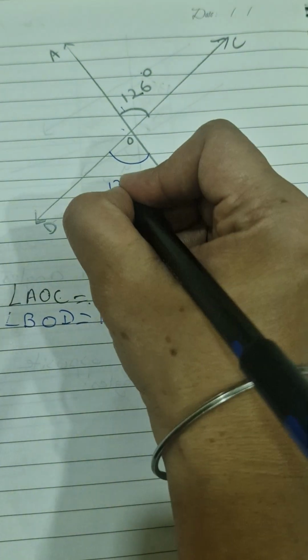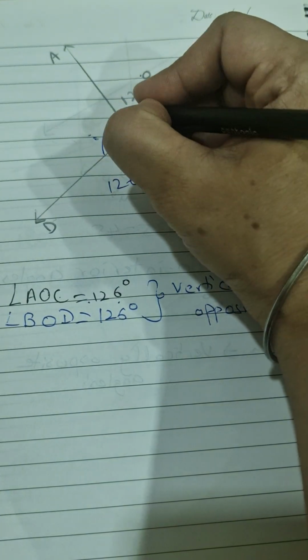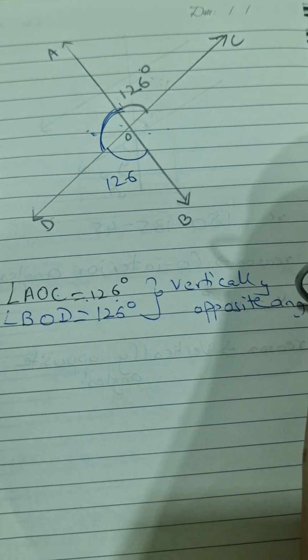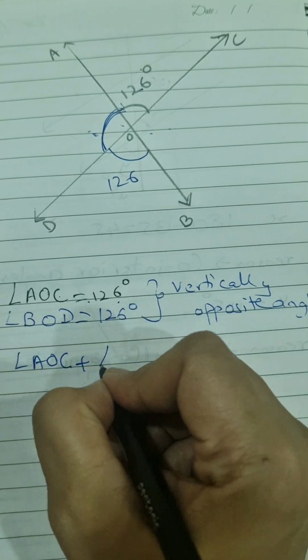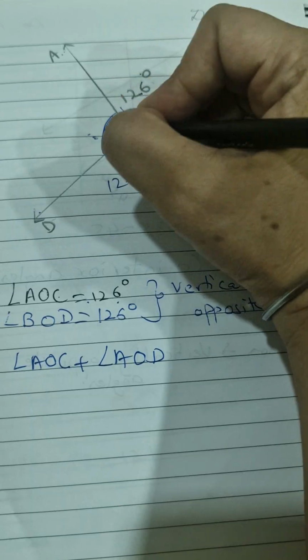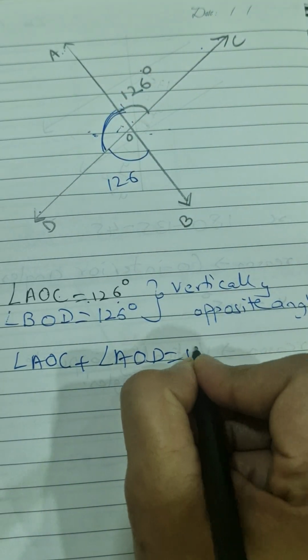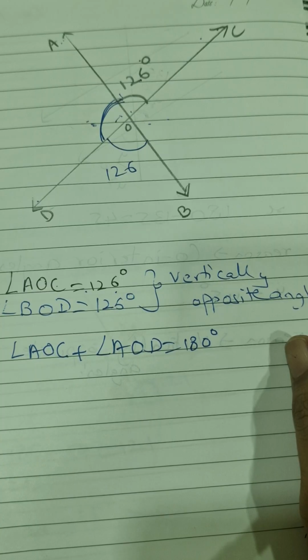Now if this is 126, we have to find the remaining two. So you will now use the straight line angle. Angle AOC plus angle AOD together are 180 degree. Why? Because they are a linear pair, linear angle, straight line angle.